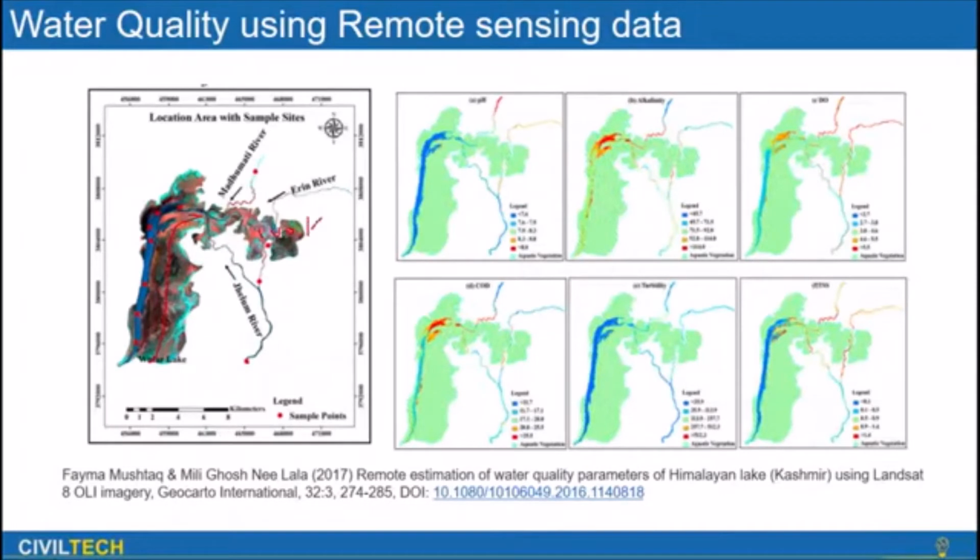In these cases, if I ask you to collect water samples and find out, it will be very difficult for you, right? You need to collect a sample and paste a sticker on it so that the location is known to you once you go back to the lab, and then finally you use either a turbidity meter or some other device and find out what the water quality is.